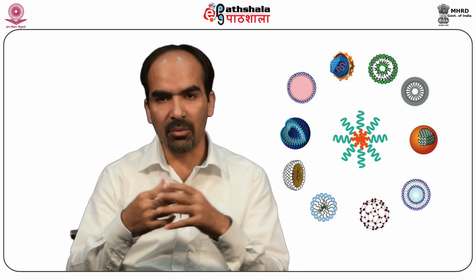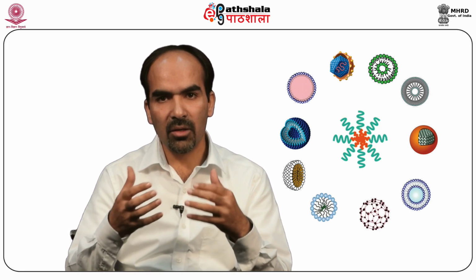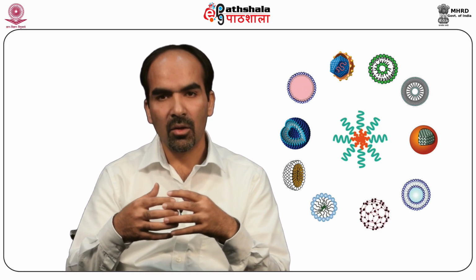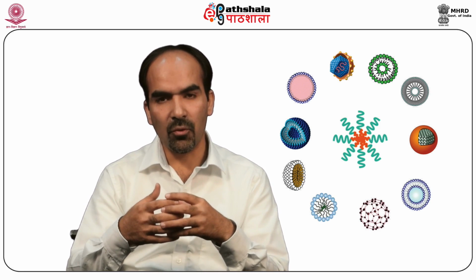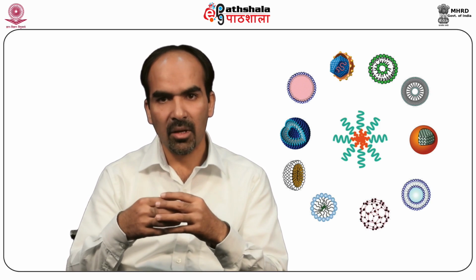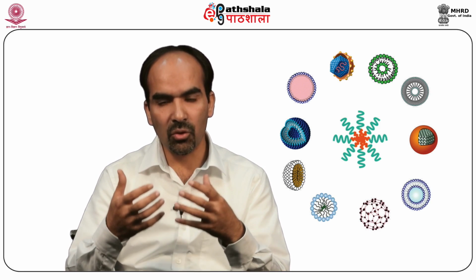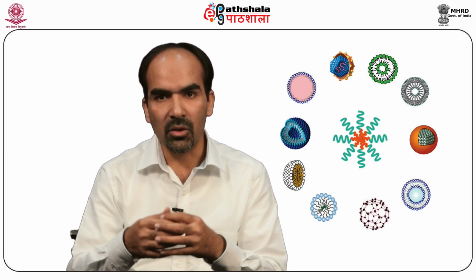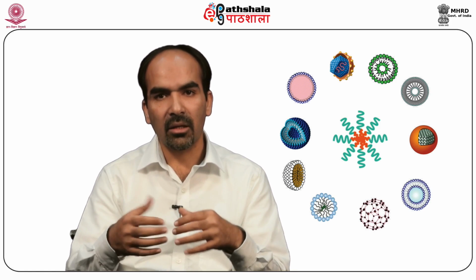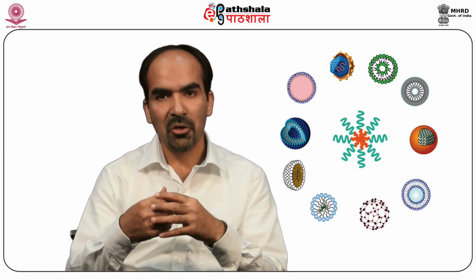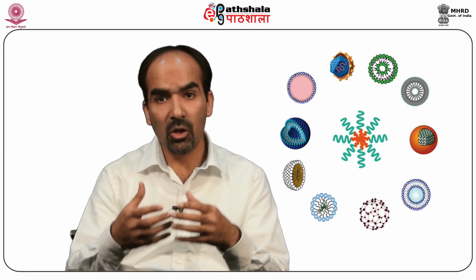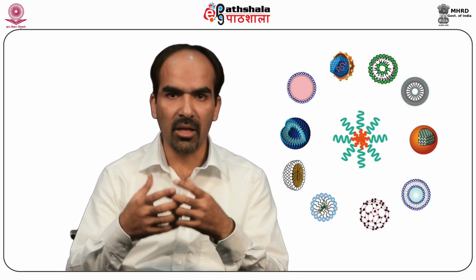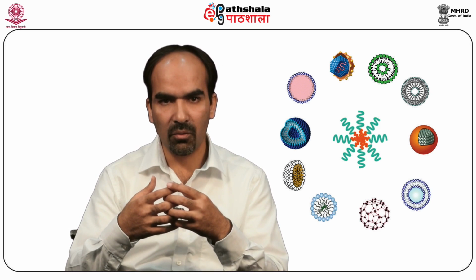I give you some examples, like earlier we used opium latex, poppy latex as opium for analgesic activity. But later, as we came to know about morphine being its main component, it was found that morphine should be used, which still remains the gold standard for any analgesics that are known till now.